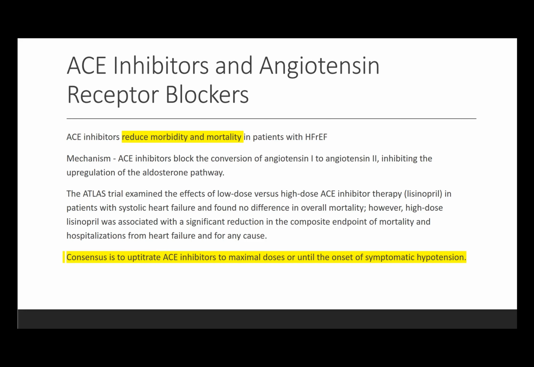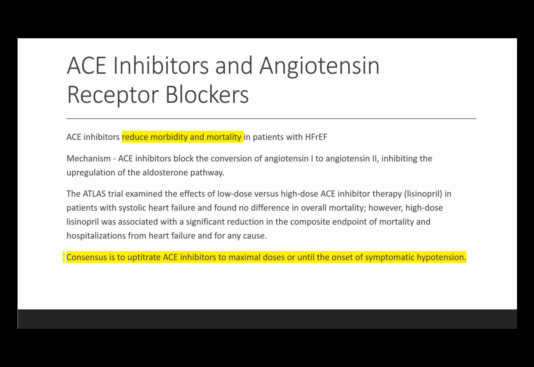How they work, you all know. As the term suggests, ACE inhibitors block the conversion of angiotensin 1 into 2. There's always a conversation about what dosage of ACE inhibitors to start the patient on, because one of the things you're worried about is hypotension. The ATLAS trial basically looked at the difference between high and low dose ACE inhibitors used.